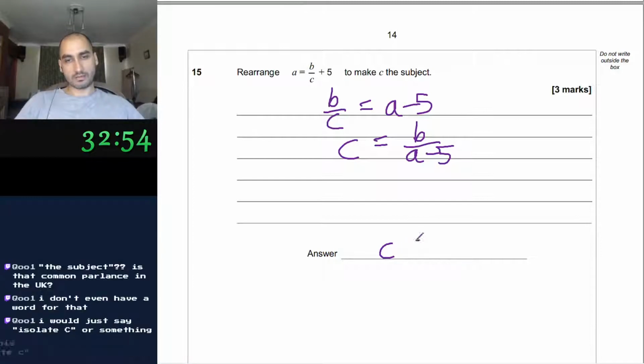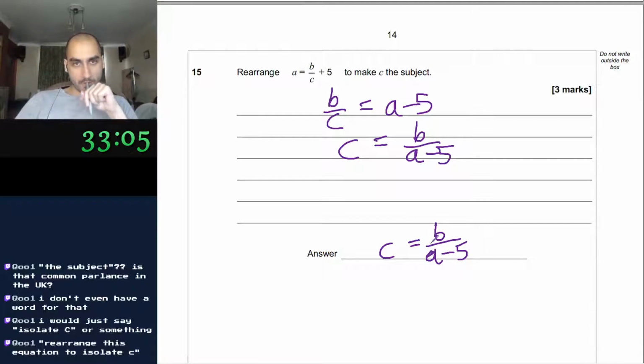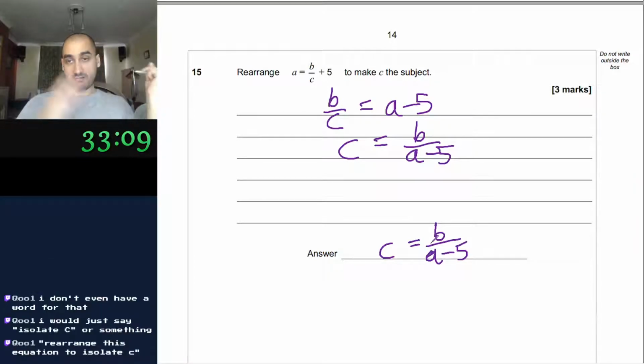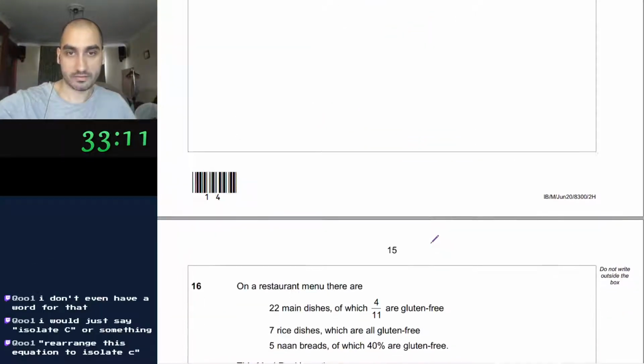Isolate C. Interesting. I don't know. Okay, 3 marks there for that.